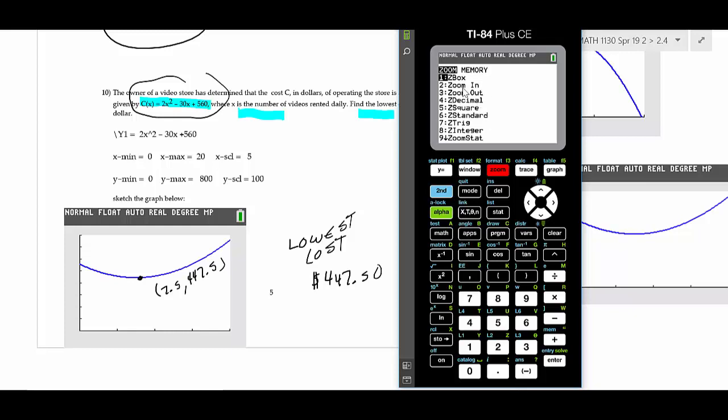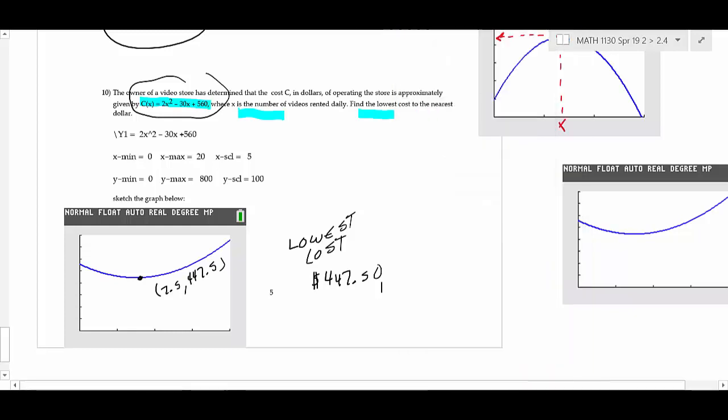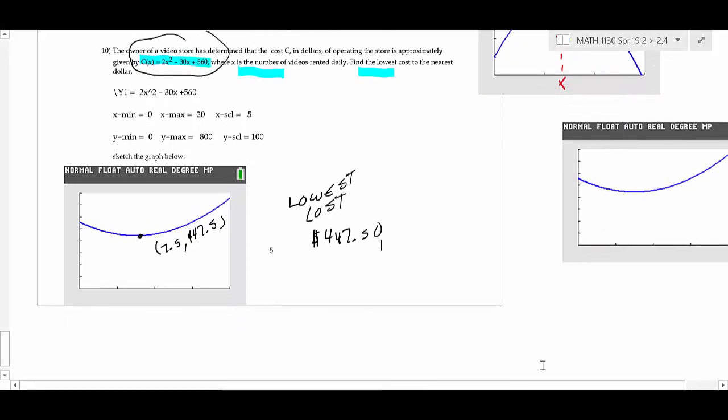You have to set the X max and the X min. Zoom in and zoom out can be helpful for figuring out a good window to put in, but I recommend you just put a window in. You want to know how to do that anyway.